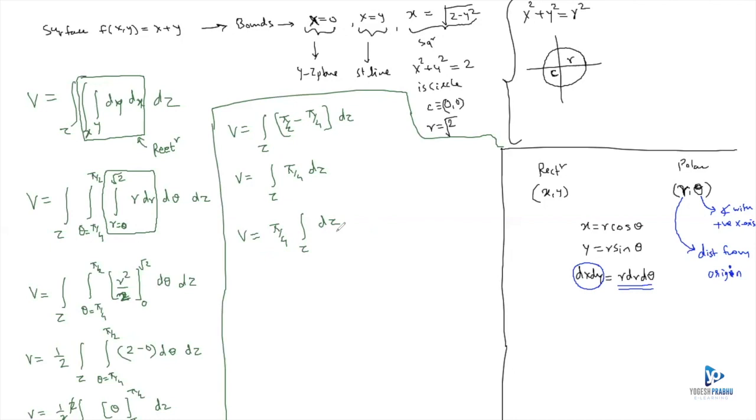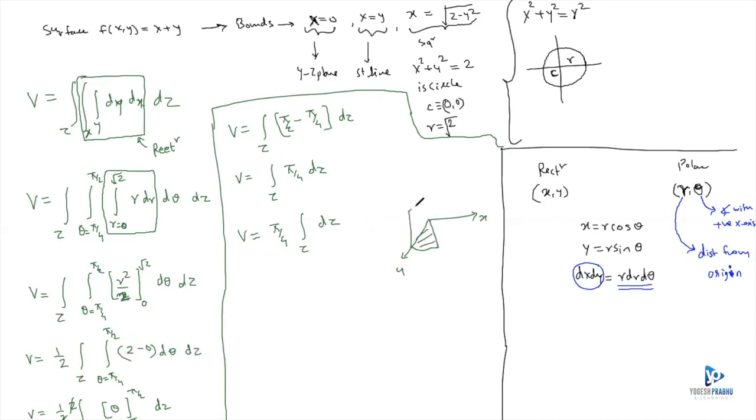Now the only thing that we don't know are the limits of z. How do we find them? Have you followed this so far? X and Y and the pizza slice is your base.